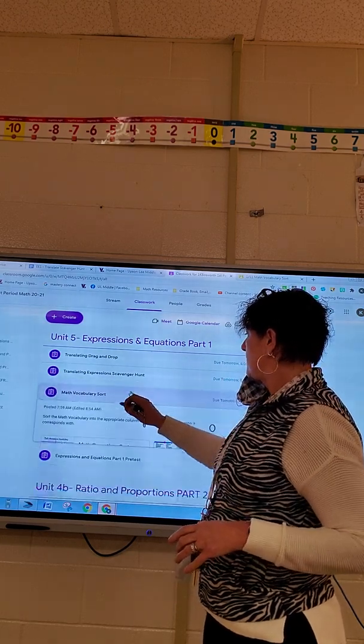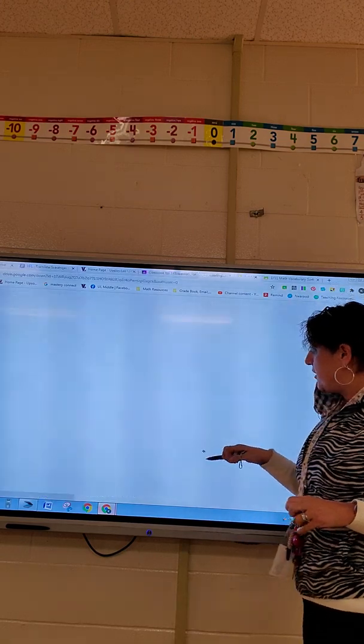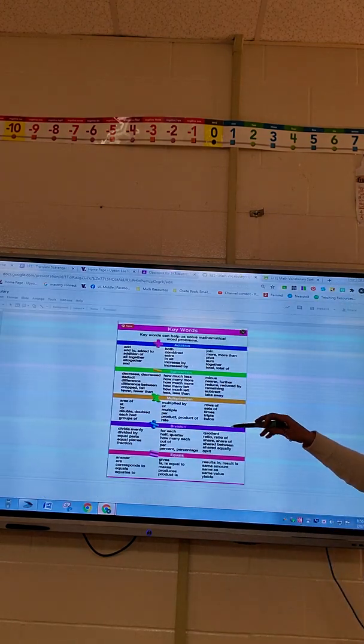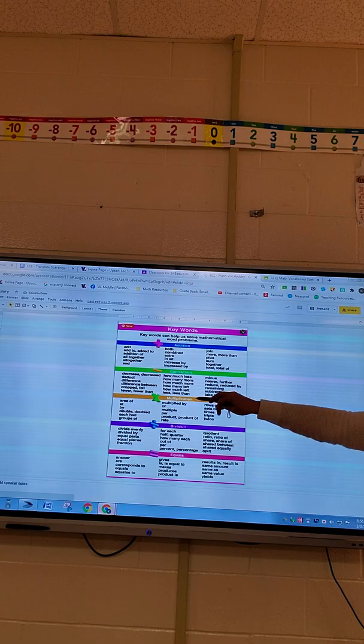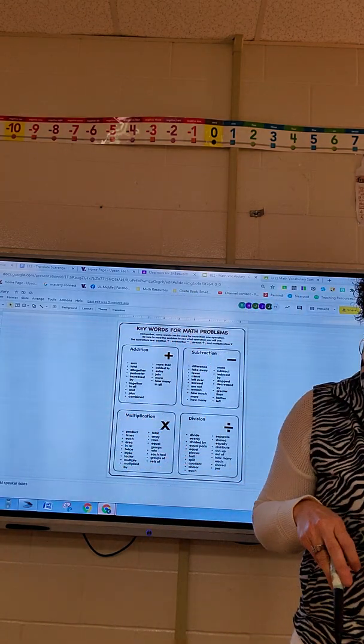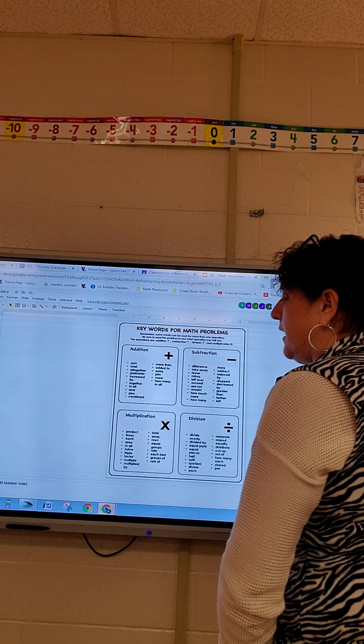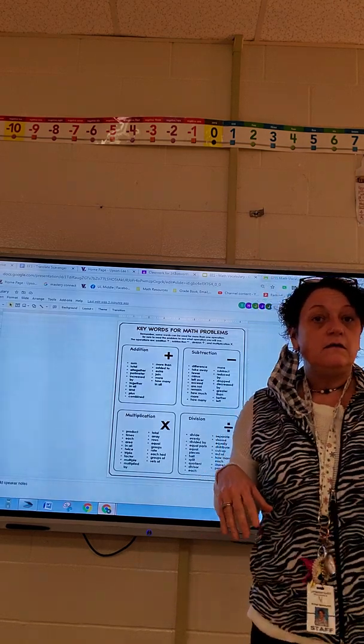All right. Under here, you have the actual activity, and then there is a Google slide that has 2 different slides, 2 pages of math vocabulary, okay? 2 pages of math vocabulary, all right? So put that to the side.